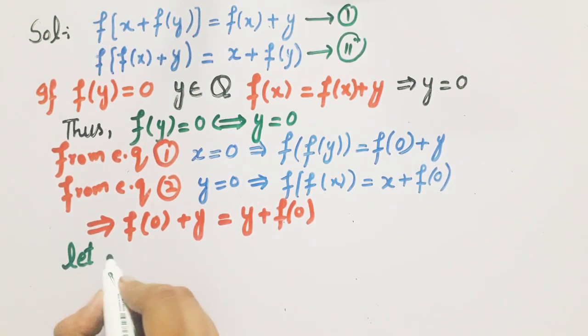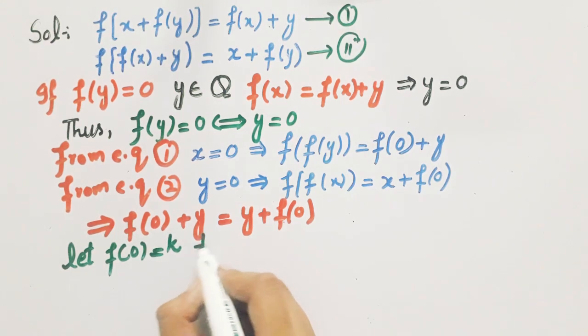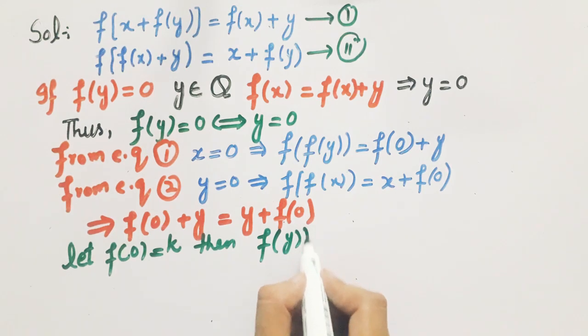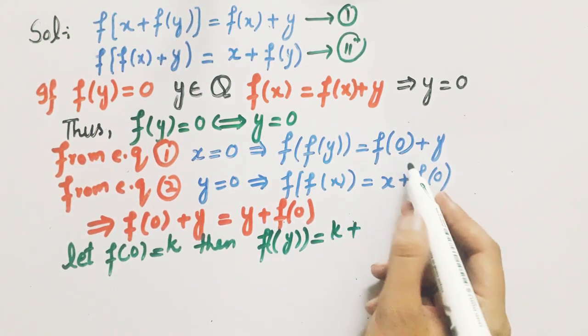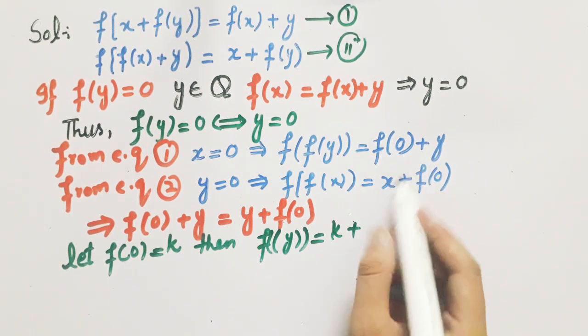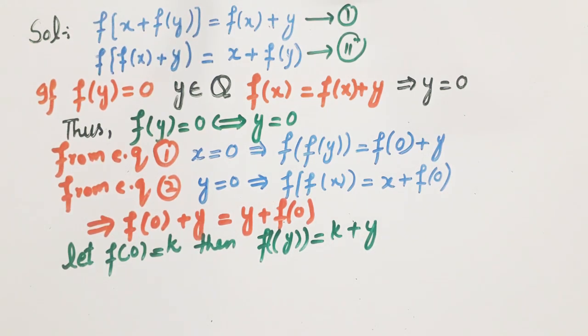Now let's suppose f(0) = k. Then f(y) will be equal to k + y. So now we apply f on both sides.